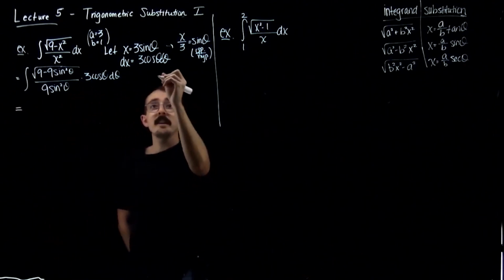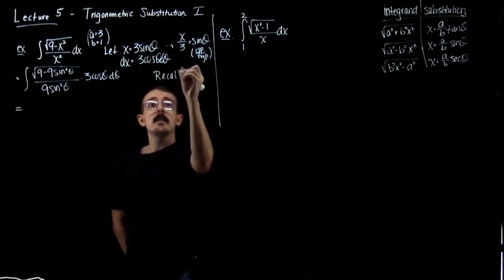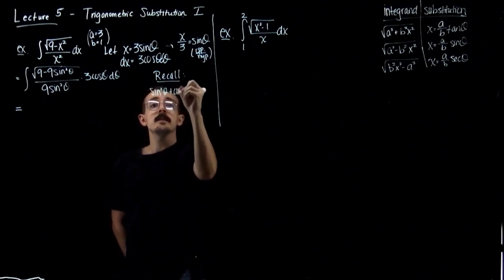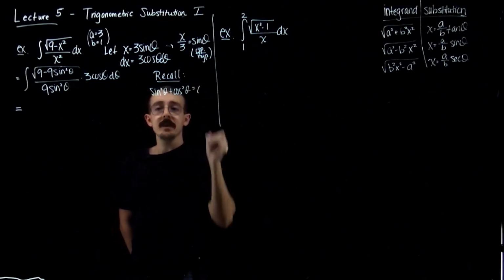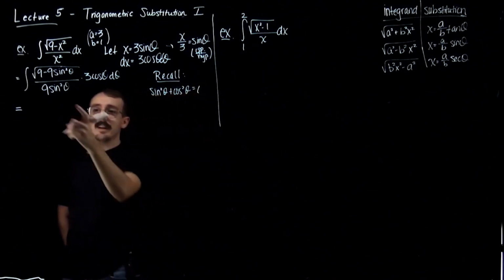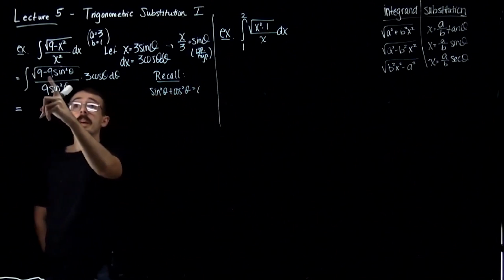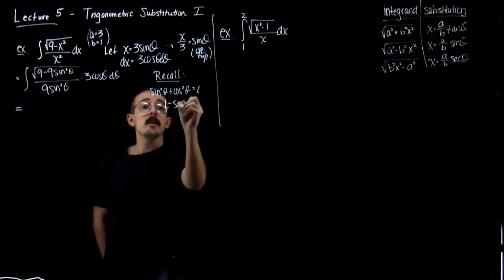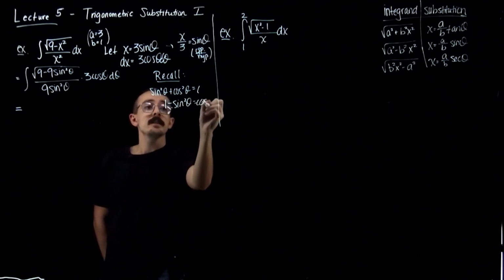Recall that sine squared plus cosine squared is 1. So that's what I'm going to be using for this integral. So 1 minus sine squared is cosine squared.